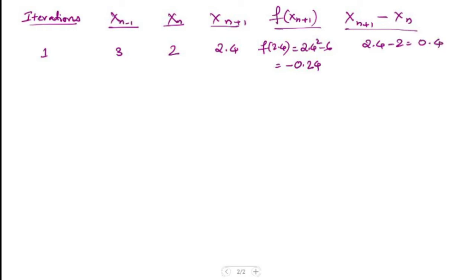Now for the second iteration, we take the value of xn and make it xn minus 1, and the xn plus 1 now becomes our xn, which is 2.4. Those are the two new values for us to work on in our formula.